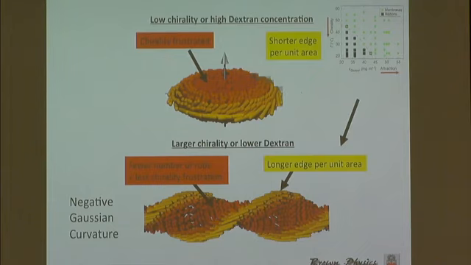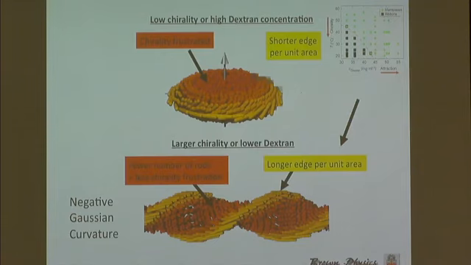If you're looking at either low chirality or high dextran concentration, you're going to form a flat membrane, a disk. The reason is that with the disk versus the ribbon, you've packed a lot of these molecules in the center aligned with each other. You've frustrated the chirality, so that'll be fine if your chirality is low. At the same time, what you've accomplished by having the membrane versus the ribbon is a shorter edge length per unit area, which would then be favorable if you're talking about a high dextran concentration.